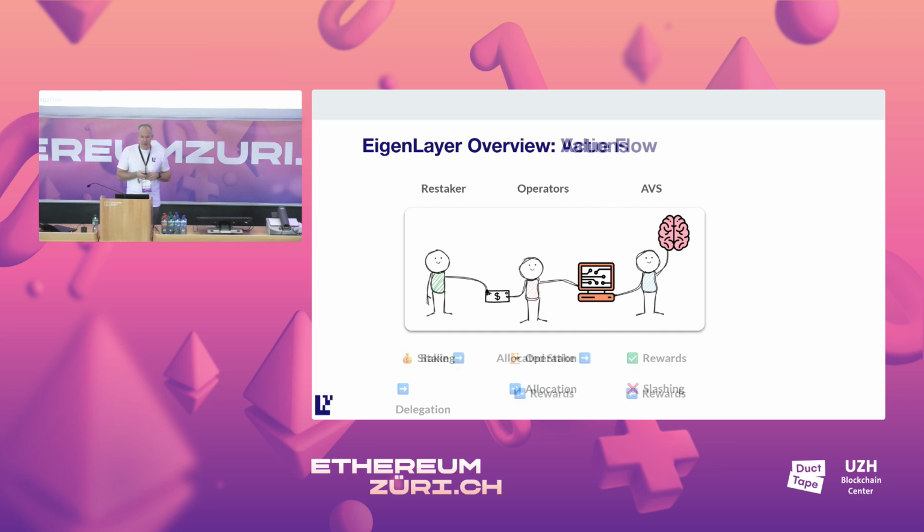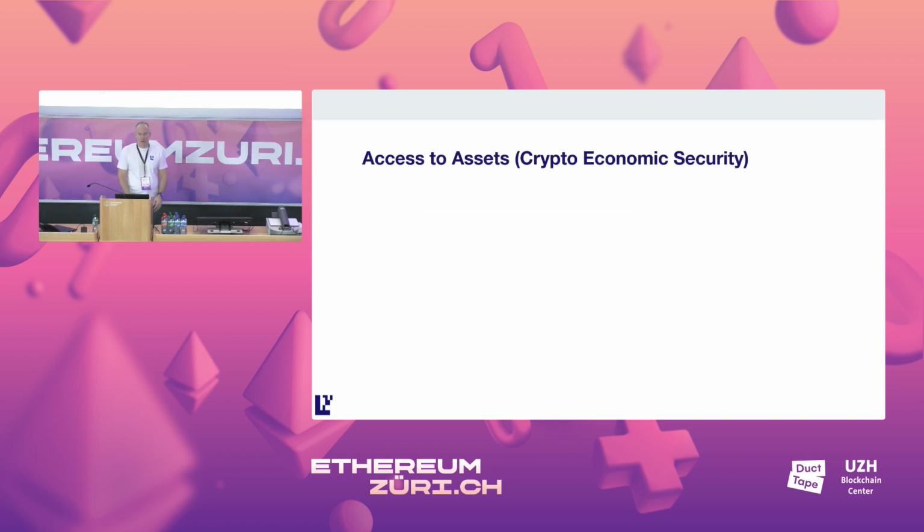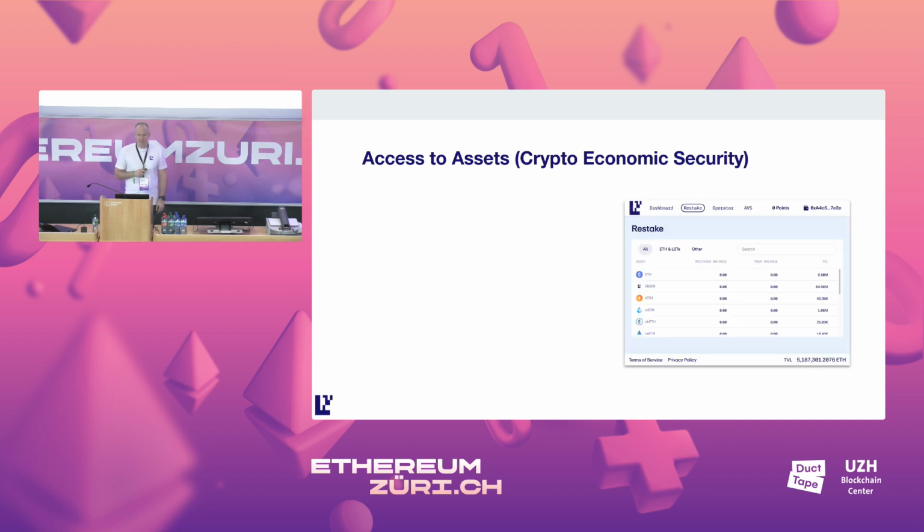And there's an important value flow here. Stakers are contributing the stake, operators are then allocating that stake, and rewards are flowing back to both members of the community. So it's sort of a virtuous cycle, a three-sided marketplace, or maybe a four-sided marketplace if you consider the consumers.